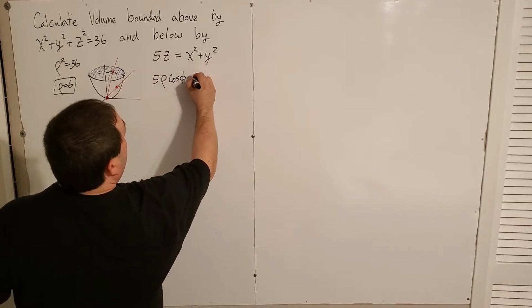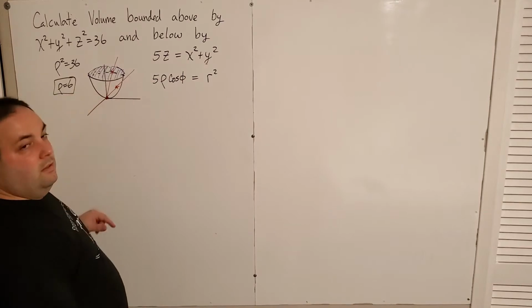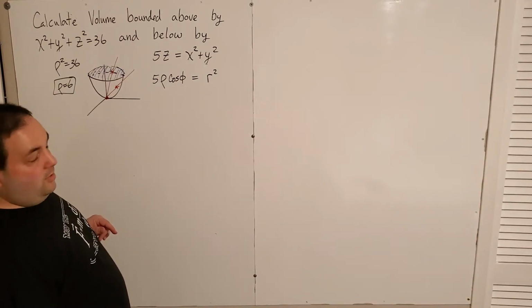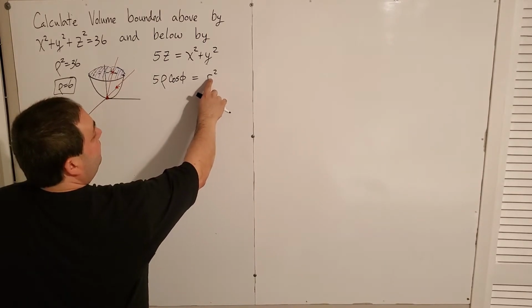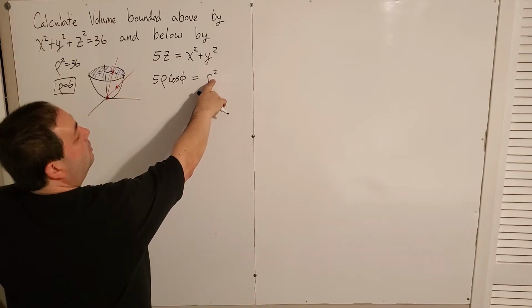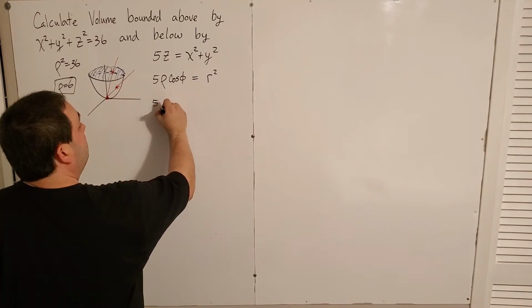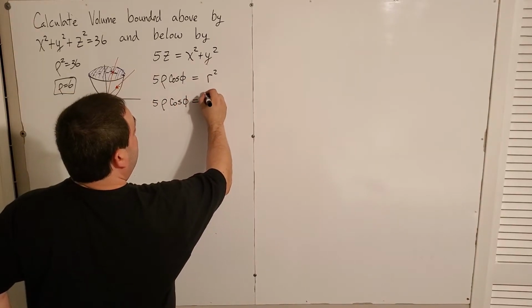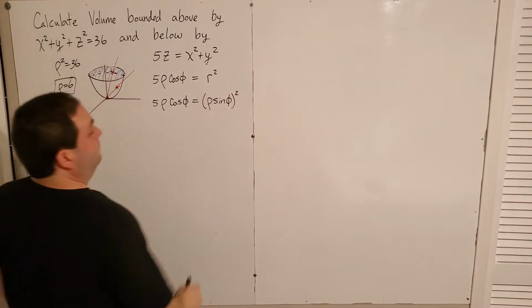And x squared plus y squared is technically still r squared, but r is not one of my spherical coordinates, is it? No, so I can't stop there with the r. But don't forget that r is equal to rho sine phi.